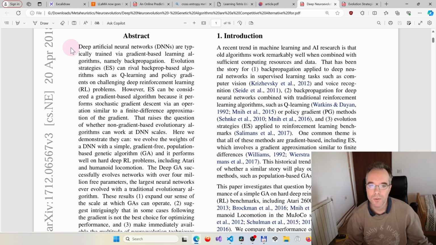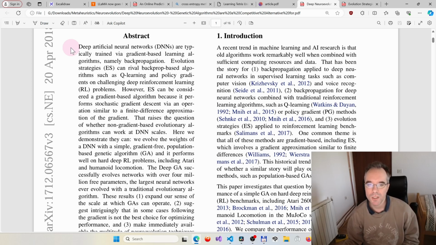Deep artificial neural networks are typically trained via gradient-based learning algorithms, namely backpropagation. Evolution strategies can rival backprop-based algorithms, such as Q-learning and policy gradients, on challenging deep reinforcement learning problems.